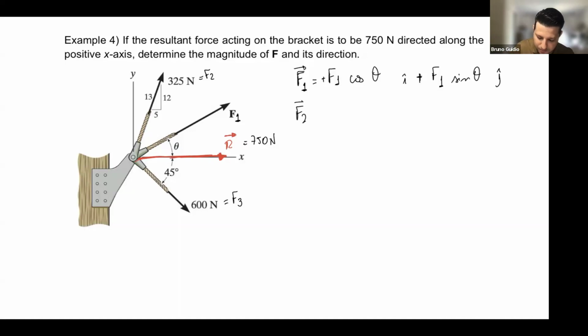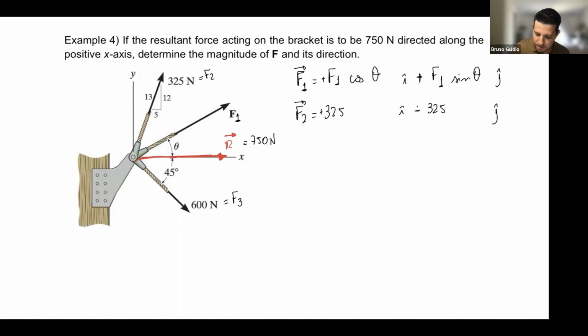F2. Well, for F2, I know that its magnitude is 325, I hat, J hat. Its components are going to be right here, right there, both of them positive.